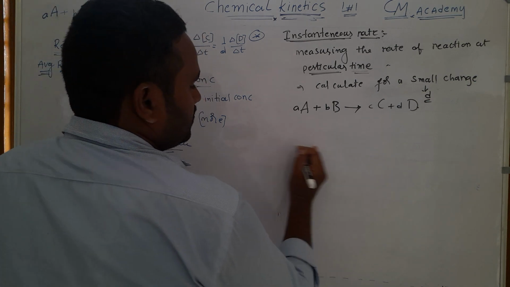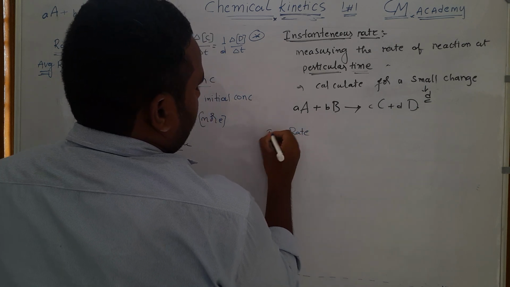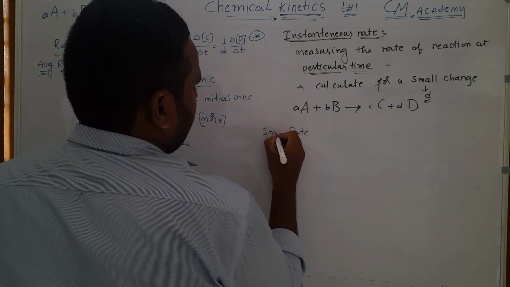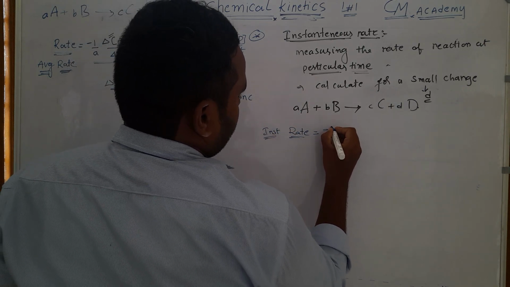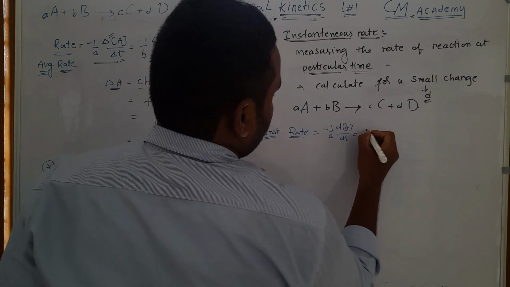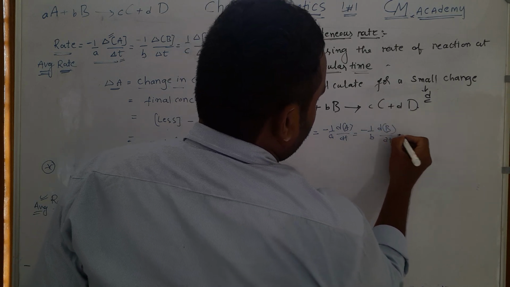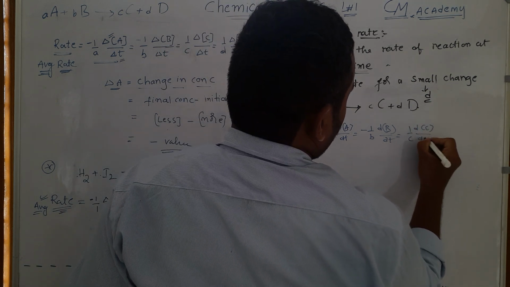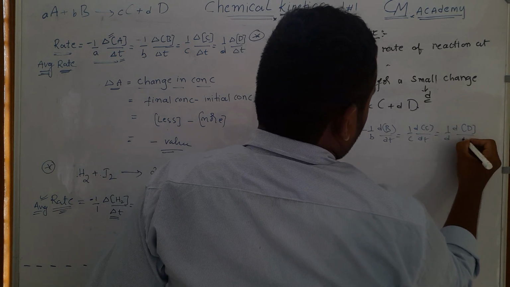So here the instantaneous rate is equal to minus 1 by a dA by dt, that is equal to minus 1 by b dB by dt, that is equal to 1 by c dC by dt, that is equal to 1 by d dD by dt.